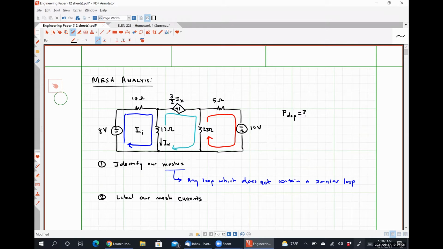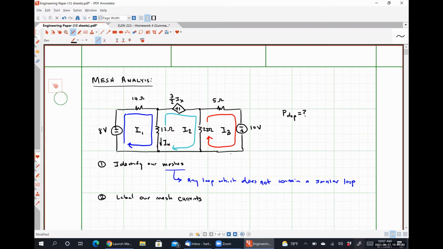And so what I mean by a mesh current is this is a current that's circulating around this loop in the direction of the arrow that I've indicated. So it's flowing clockwise around this left-hand most part of the circuit. I'm going to call this guy in the middle I2, and so we have a current flowing clockwise around this middle portion of the circuit. And then over here, I'm going to call this guy I3, and we have a current flowing clockwise around the right-hand portion of our circuit.